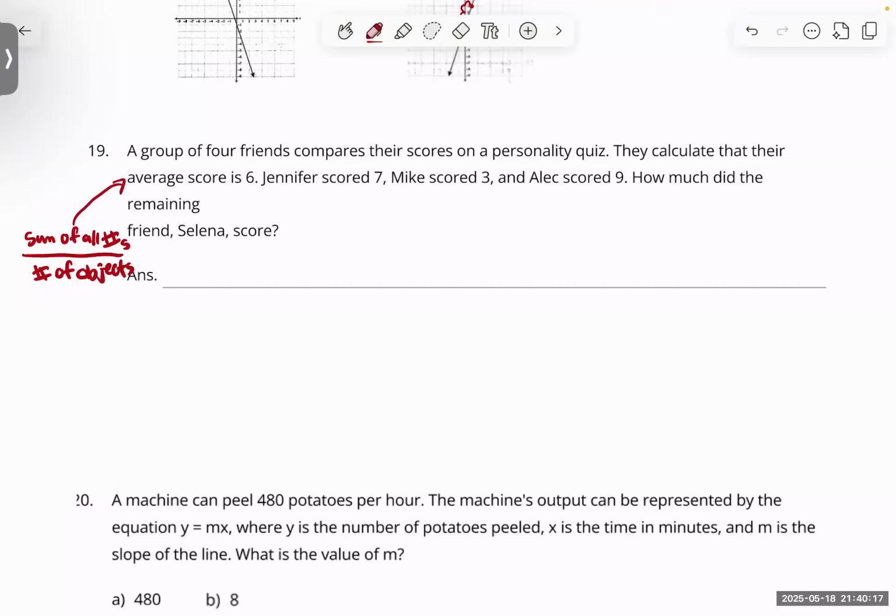Again, anytime you're dealing with how much or how many, you always assign a variable to it. I'm just going to be consistent here and use X. It's the most common letter used in math, so I'll just stick with it. So, how are we going to set up an equation here?